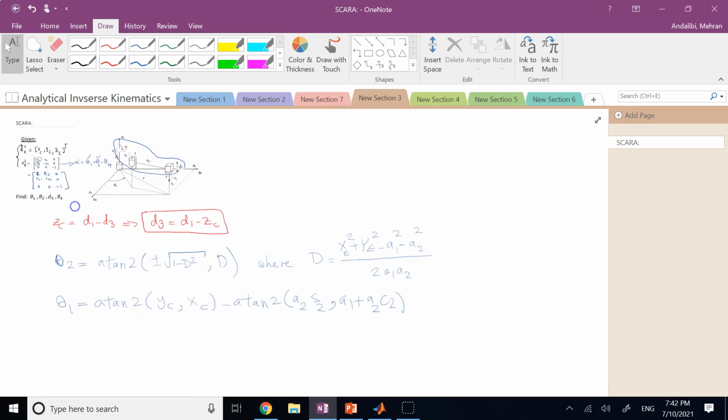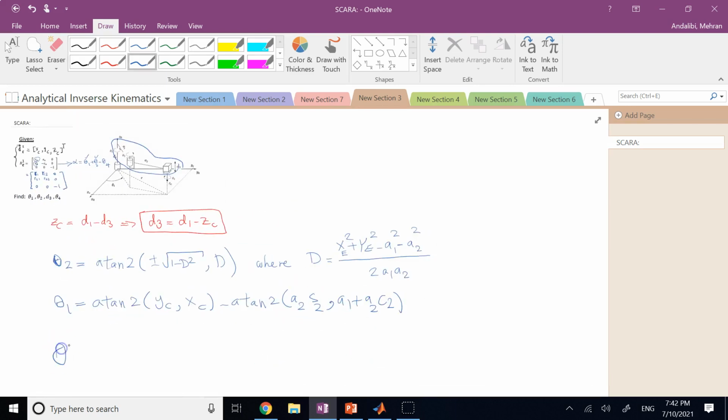So from here, clearly, your theta number 4 is going to be theta number 1 plus theta number 2 minus angle alpha, where alpha, as I told you, is arctangent 2 of R21 and R11. And there we go.